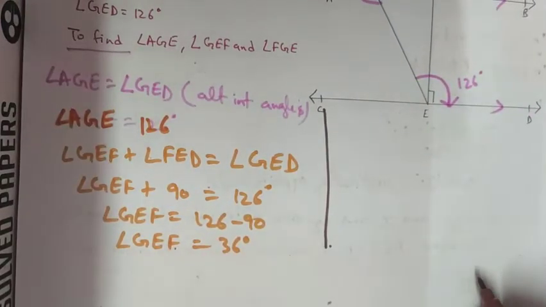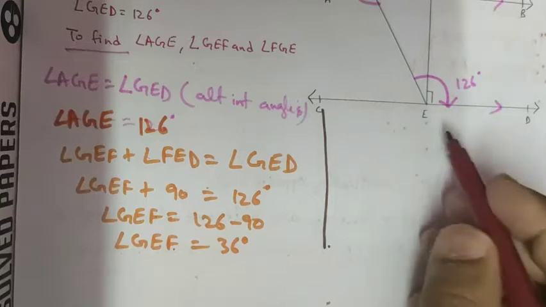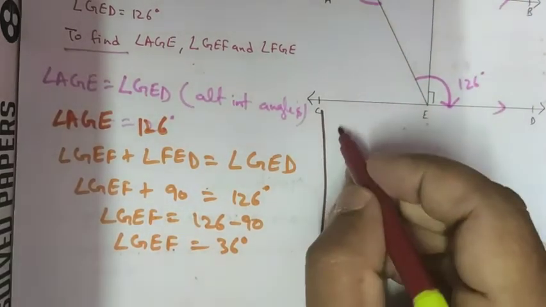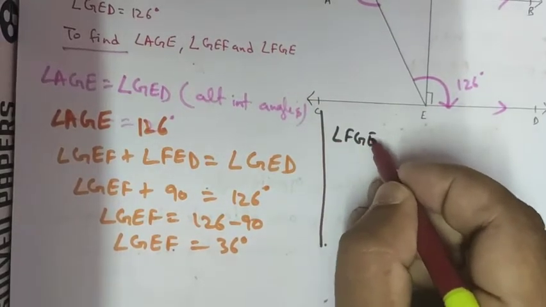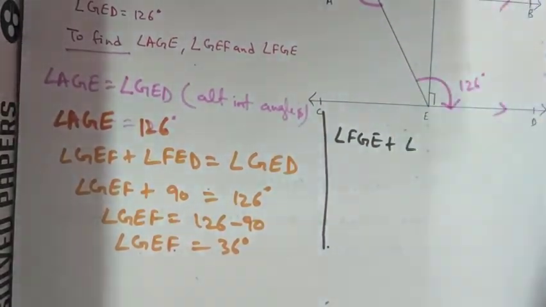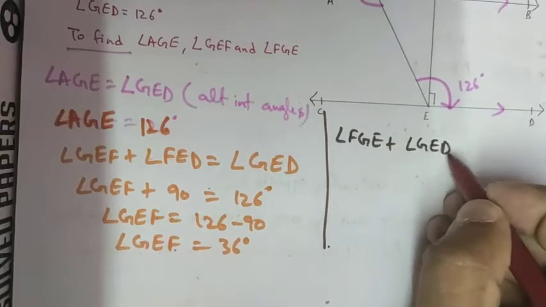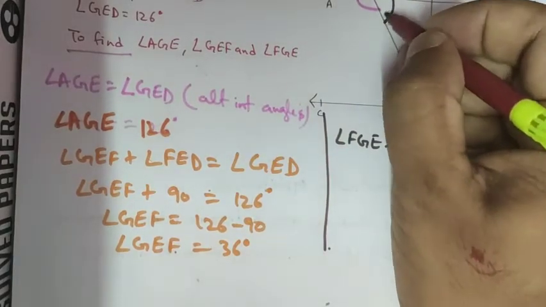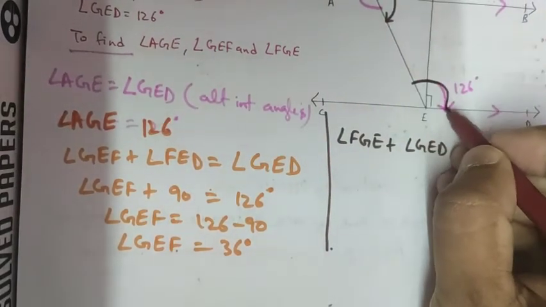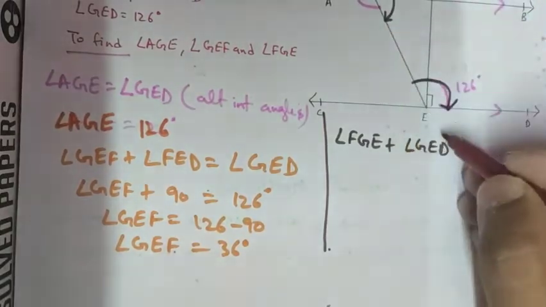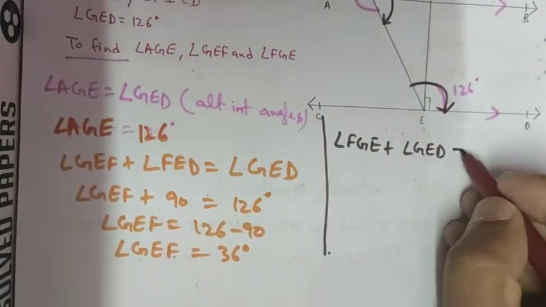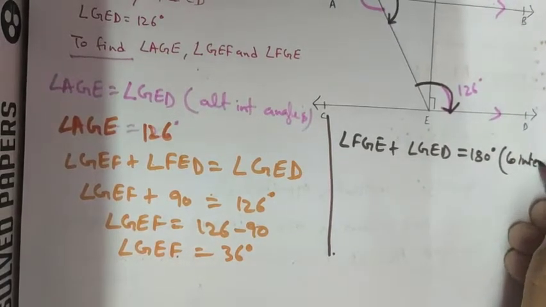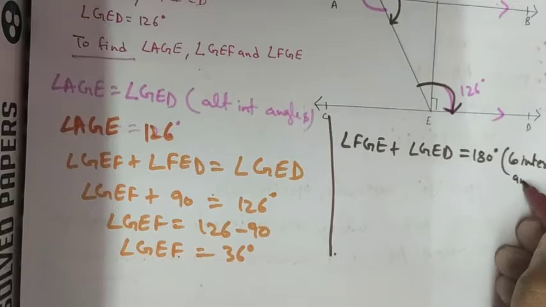Now angle FGE plus angle GED, they are co-interior angles. That means this angle and this angle are co-interior angles on the same side, if GE is the transversal, so that is equal to 180 degree, since they are co-interior or consecutive interior angles.